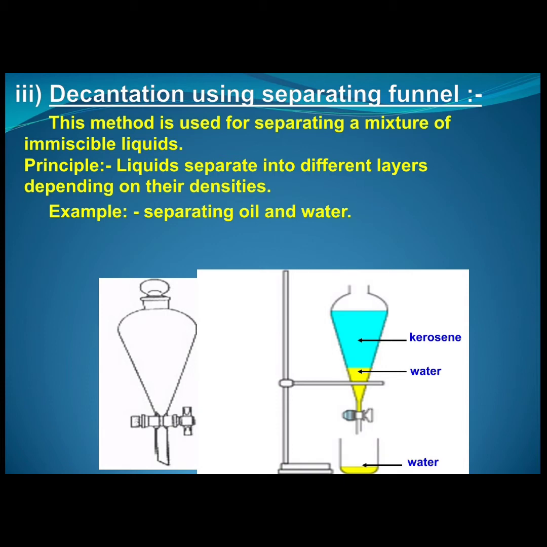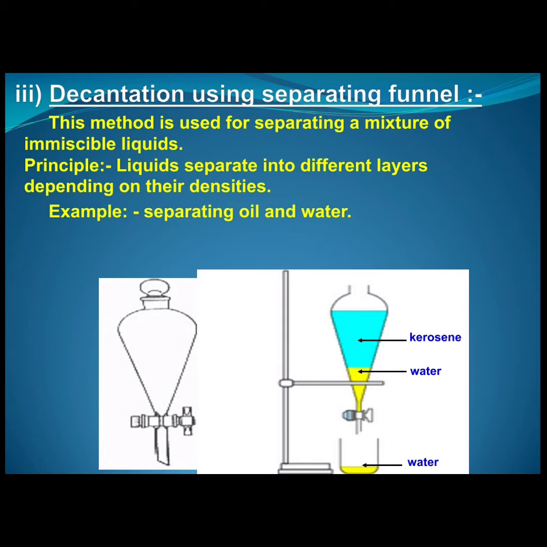Separating funnel is shown in the diagram. This method is used for separating a mixture of immiscible liquids, meaning the liquids which are not mixing with each other. Normally when we take oil and water and we shake them, they are not mixed properly, and oil forms a layer on the water.